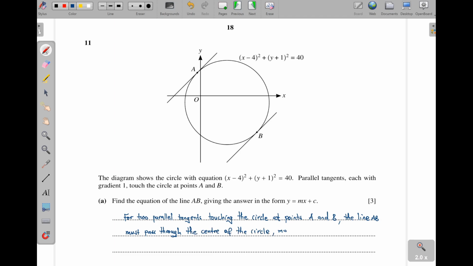So this means that AB is the diameter. So AB is a diameter.